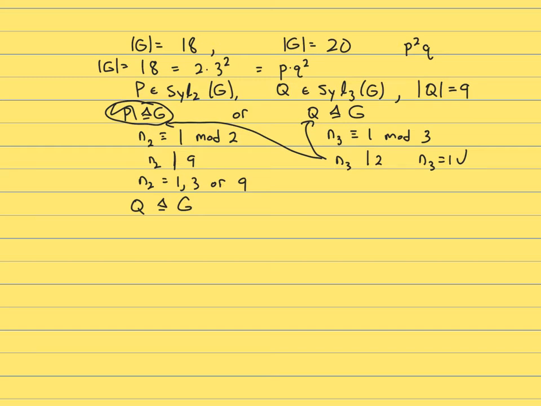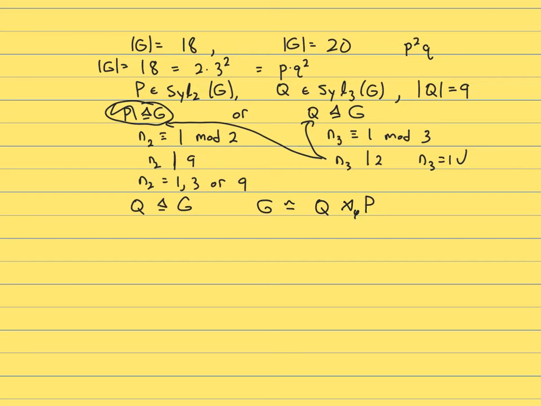So as I had mentioned in the previous video, when the square prime is larger, the Sylow subgroup corresponding to the square prime is the normal subgroup. And so G is isomorphic to the semi-direct product of Q with P. Why is this true?